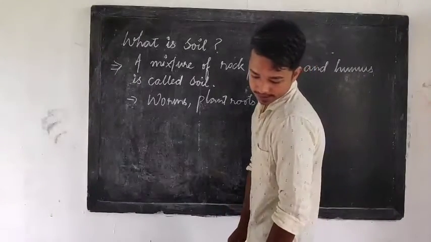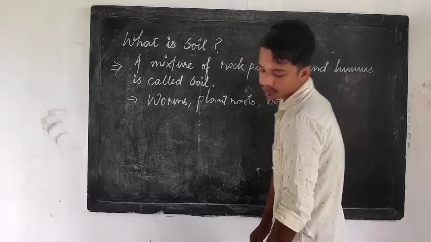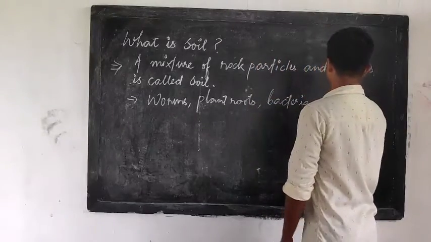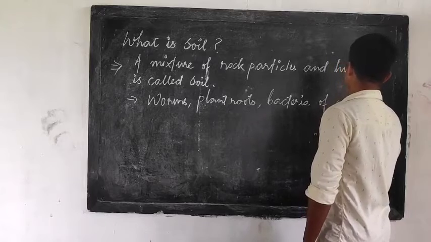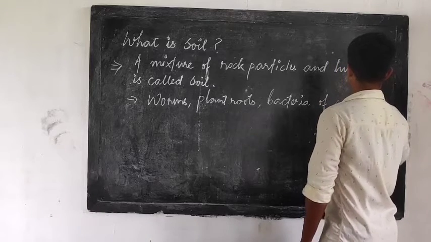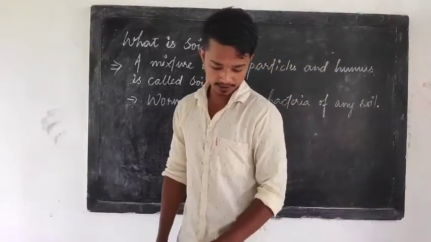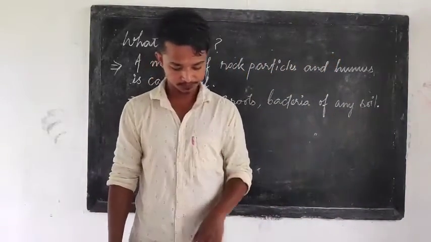So these are the smaller, important parts of any soil. These are the living creatures.